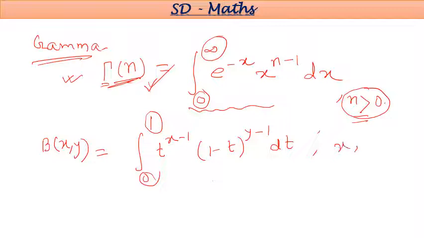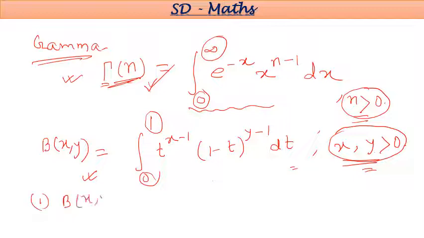This is an improper integral, and it will converge for x, y greater than 0. This is the condition of convergence. There are some properties of the beta function. Beta x y equals beta y x, a symmetric function.